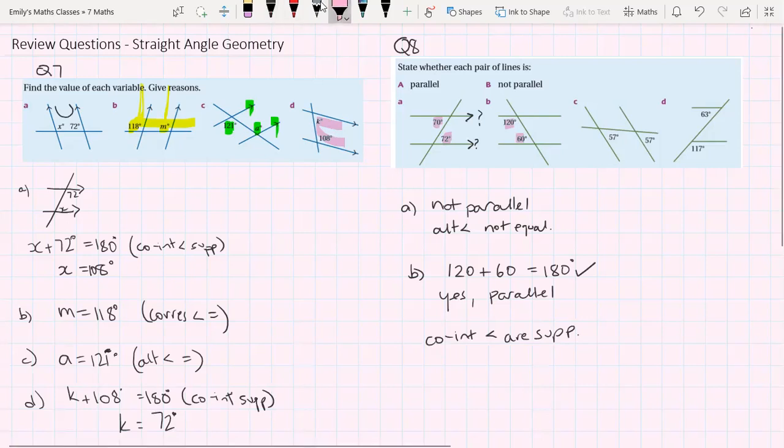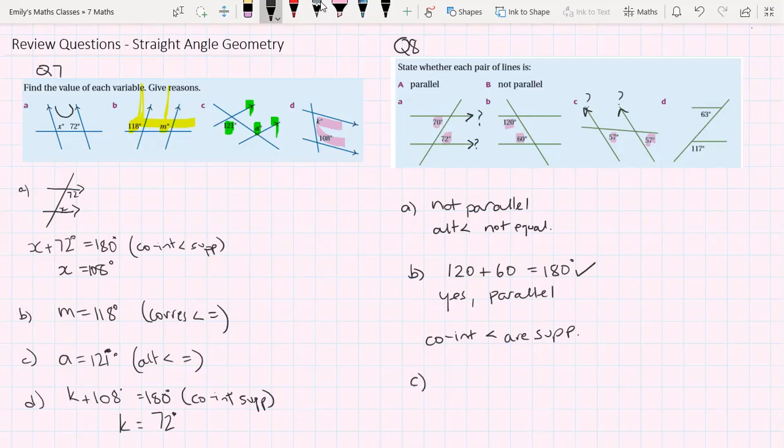Okay, what about question C? We've got an angle here and an angle here. They are the F angles. Okay, might not be particularly clear for you. Do it again. This angle here, this angle here. The question is, are these lines parallel? That's what we want to know. Well, they're only parallel if these corresponding angles are equal.